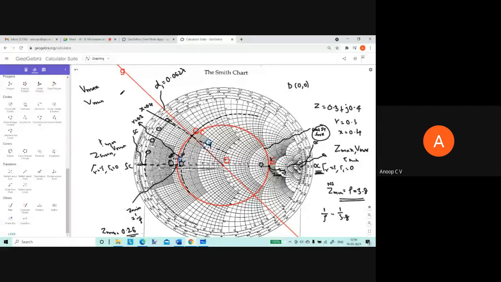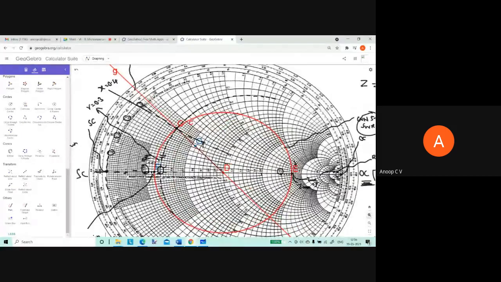So the first maxima will occur, from this point, now I'll zoom in again. Now what I'm doing is, from this load end point, I'm traveling along the constant SWR circle, in the clockwise sense, which means towards the generator.